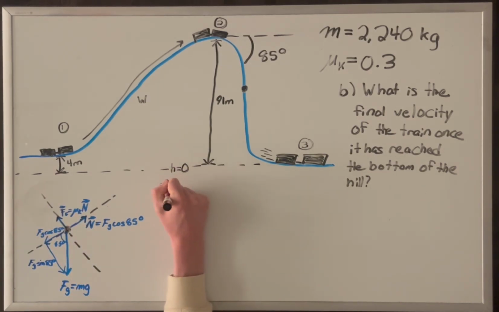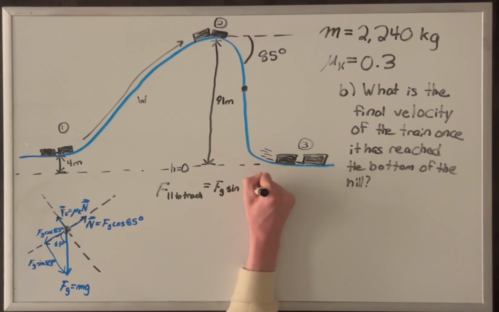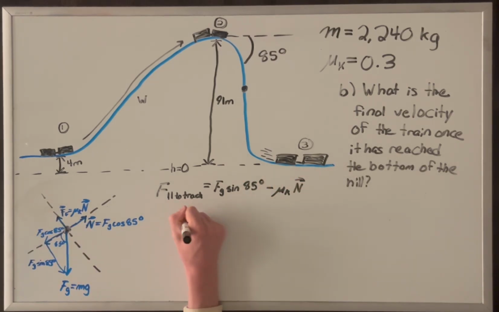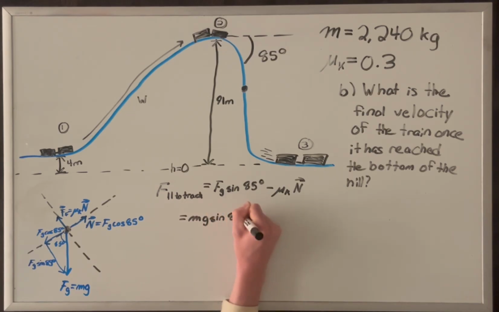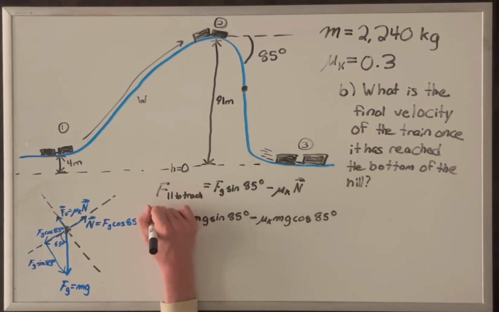On our x-axis, we have the x component of the force of gravity subtracted by the kinetic friction force. And these are going to be the only forces acting on the train parallel to the track, which is what we're focused on, because the y components will balance out.